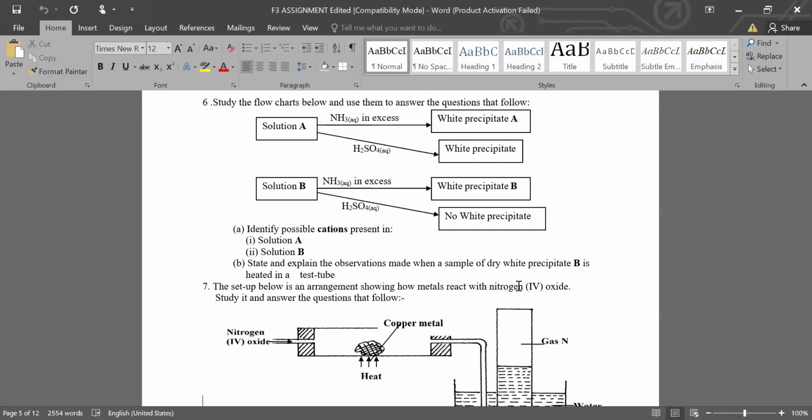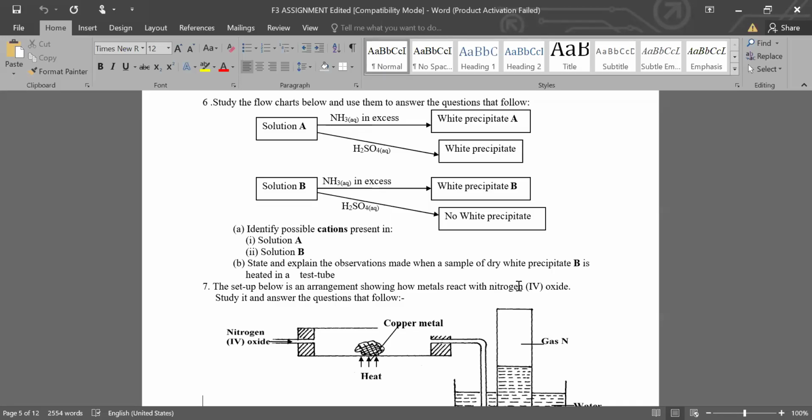When dilute sulfuric acid is put in lead ions, definitely we will form lead sulfate, and lead sulfate is an insoluble salt. So solution A is likely to be lead. And because it is a solution, the only soluble salt of lead is lead nitrate.